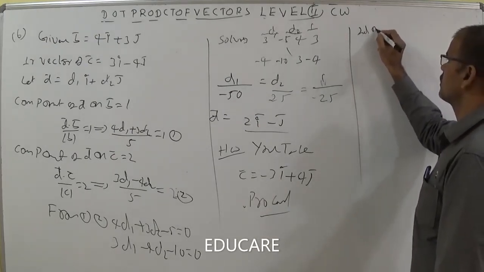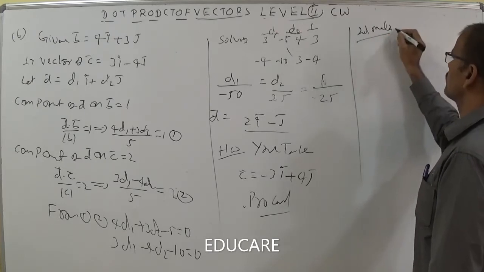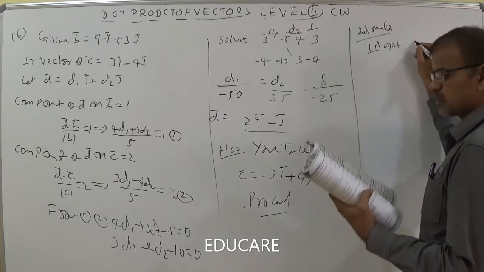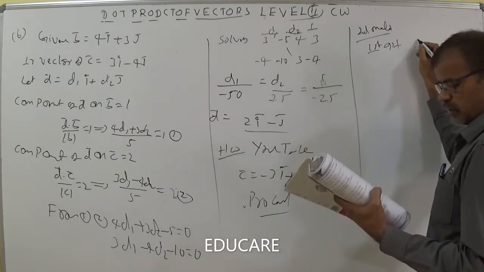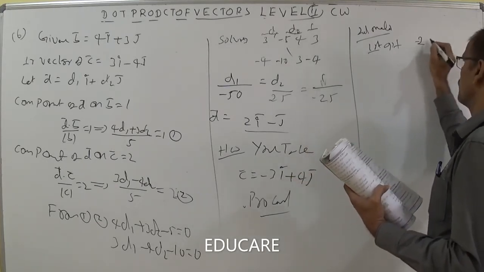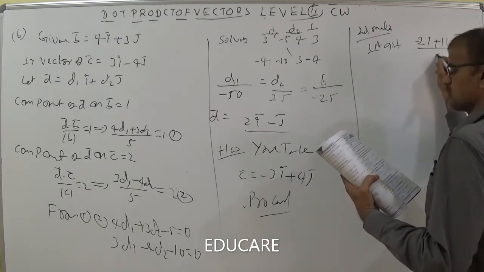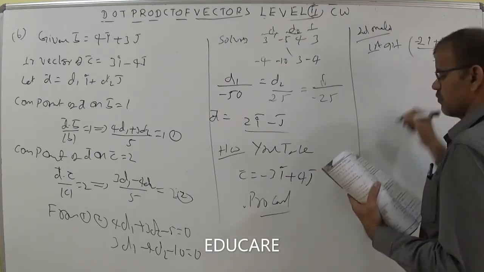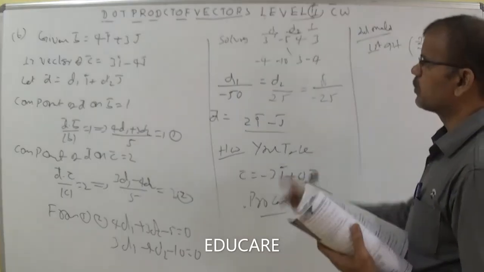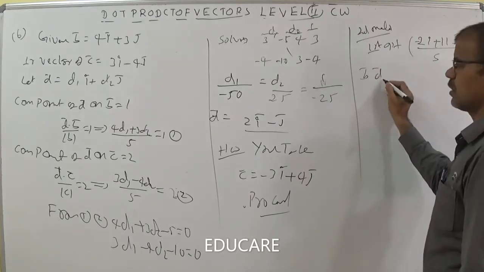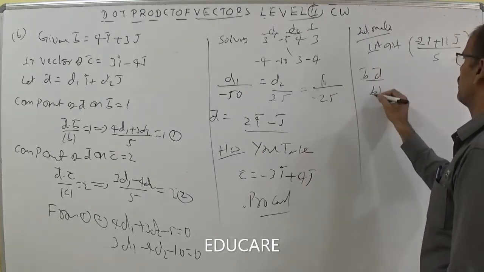Next, by verification, second method I am writing here. The first option given is minus 2i plus 11j, minus 2i plus 11j by 5. If you multiply the component, you may get B bar. Now I am verifying B bar dot D bar by mod B bar.